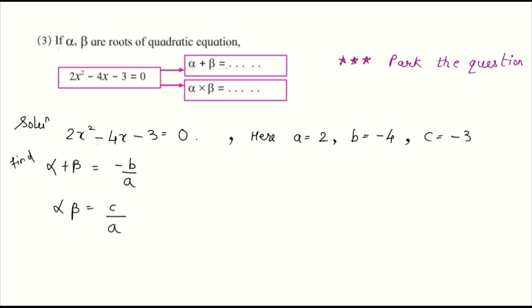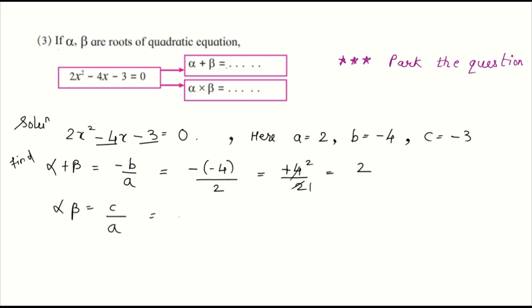Here, alpha plus beta is minus b upon a. That is minus, what is b? It is minus 4, and a is 2, which is equal to minus into minus is plus 4 upon 2. Two ones are 2 and two twos are 4. So alpha plus beta is 2. And what is alpha into beta? It is c upon a. What is c?